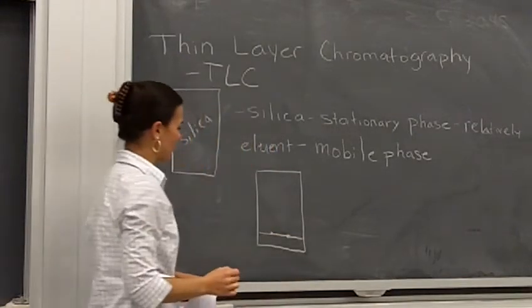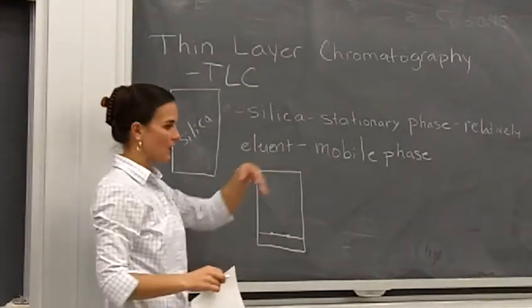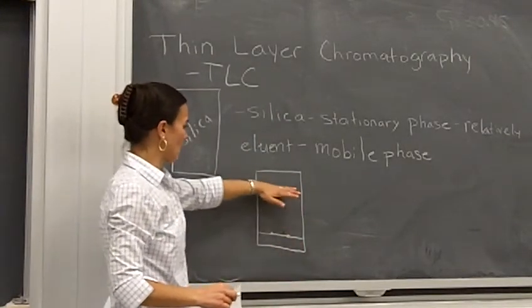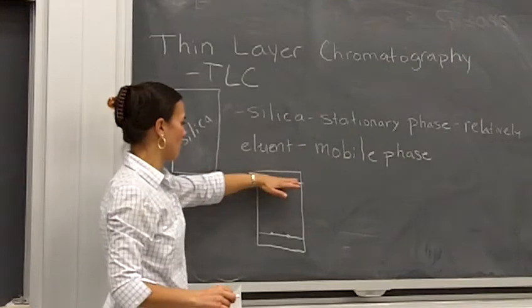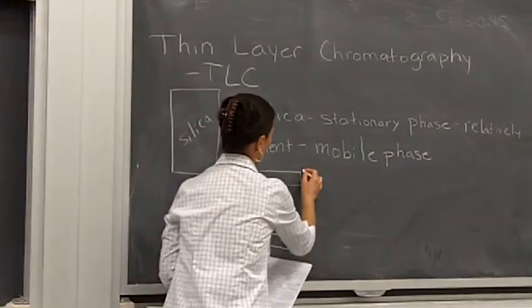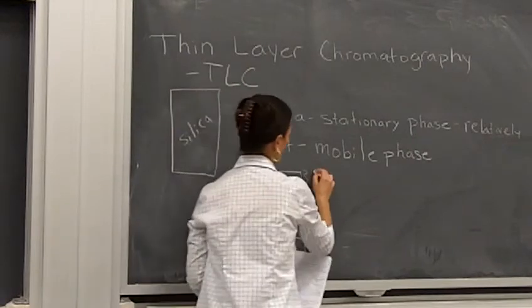So if we have a couple spots on our TLC plate, we've put it in the developing chamber, and it's developed. You want your solvent to come within about 1 centimeter or so of the top of your TLC plate.